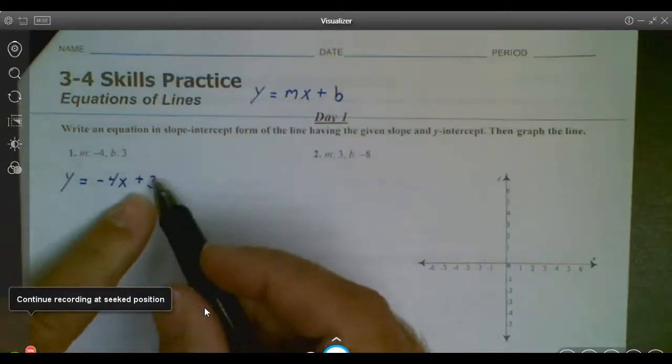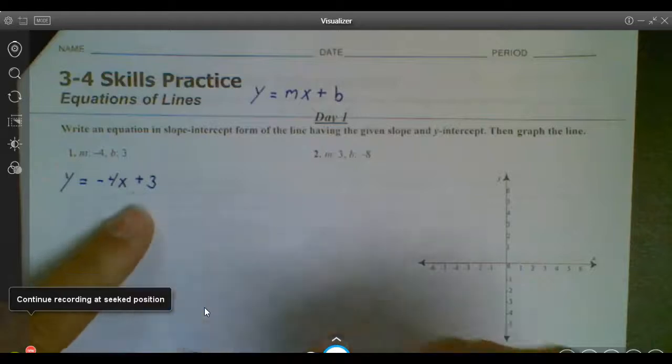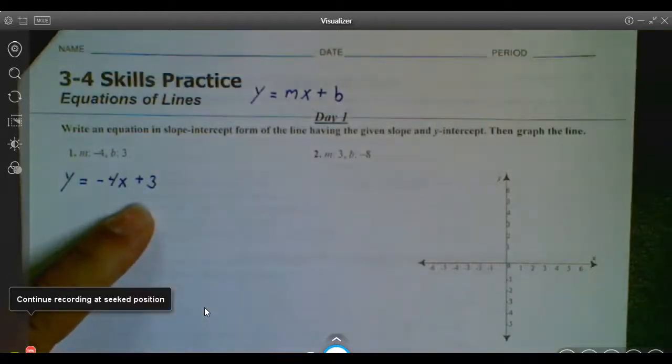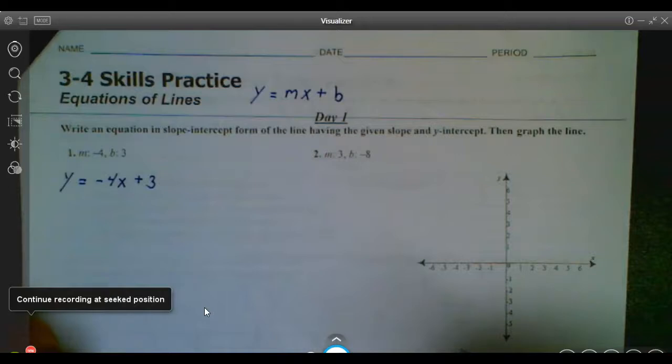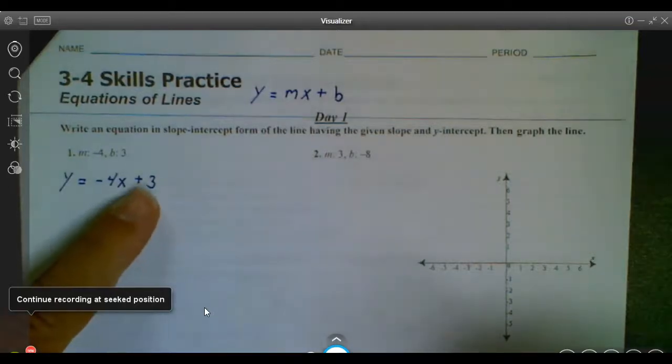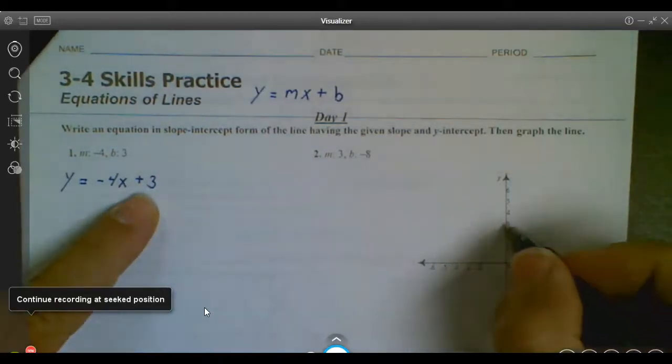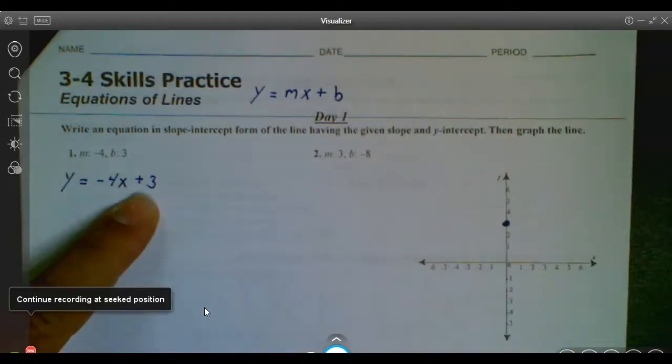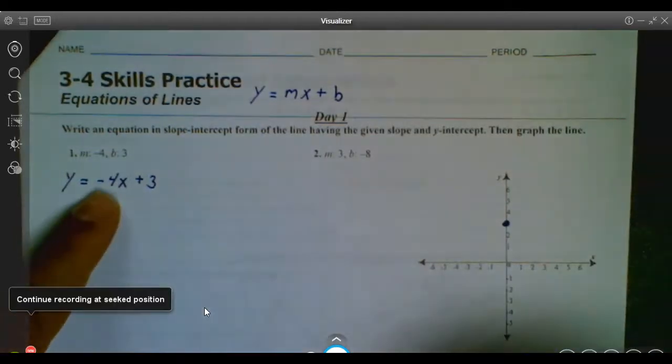If we wanted to graph this, we already know the y-intercept, and we worked on some of this in the last lesson when you were doing section 3, where you were given a point and a slope, and you had to do a graph. So this one starts, we already know the y-intercept is positive 3. We already know it's right here. So that's kind of our first key point. But then where do we go from there? Well, this is where the slope comes in. Remember the whole rise over run thing that we talked about in the last section?